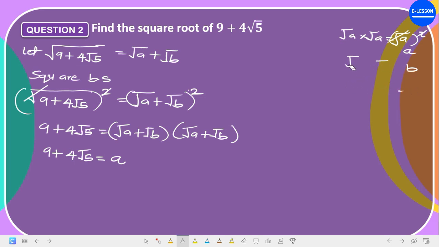Root 1 times root 1 is 1. Root 2 times root 2 is 2, and so on and so forth. Are we getting it now? So root A times root A is A, plus.